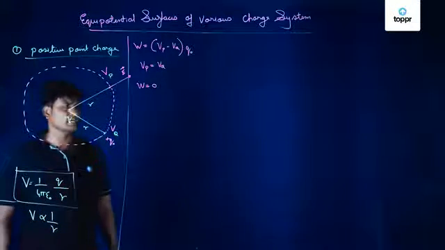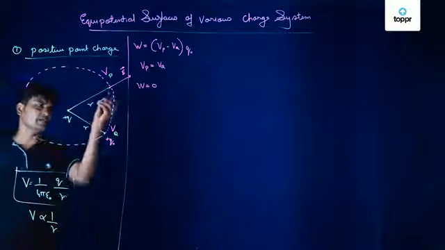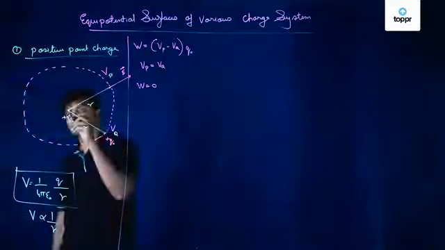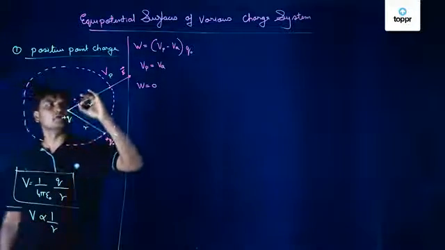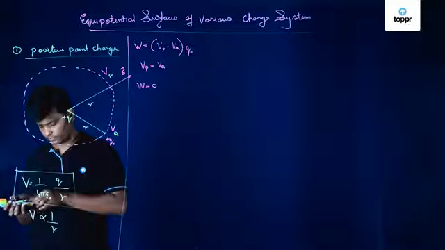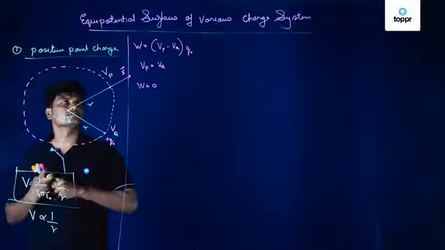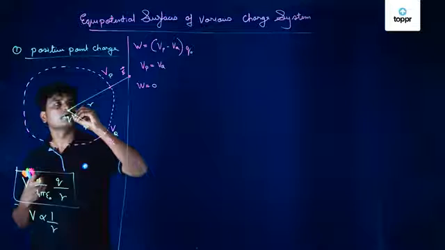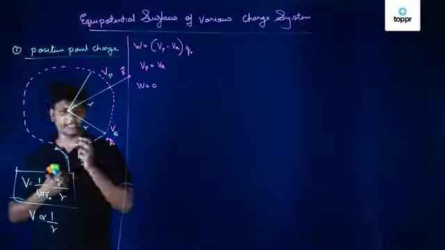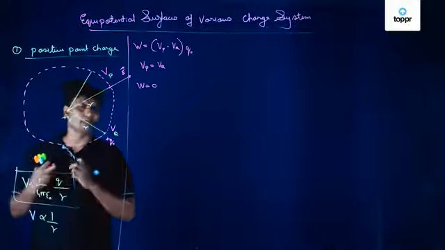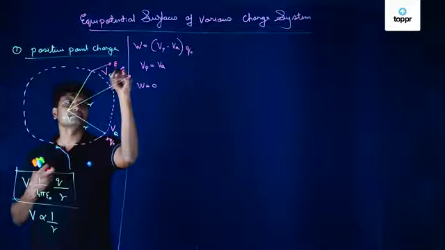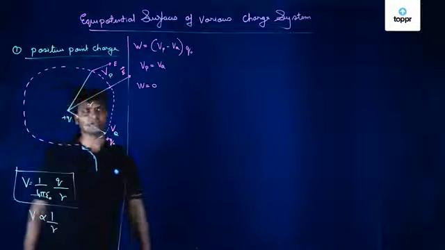Let's say the electric field is making some angle, this is the direction of the electric field.